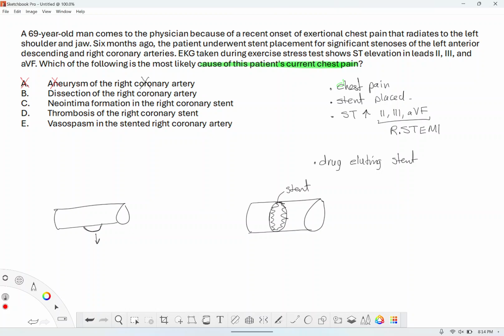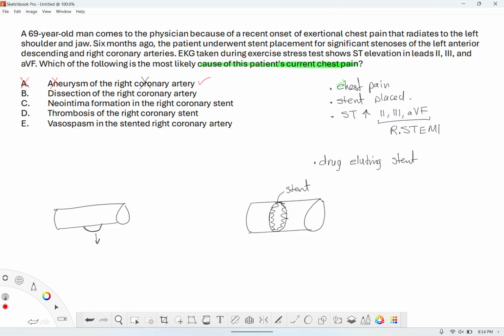It's possible, very unlikely. Dissection of the right coronary artery. Again, during the procedure, the aneurysm would be a few days, a month after the procedure. Once the vessel wall is weak, and then with high pressure it expands and becomes dilated, and that's aneurysm. Dissection is rupture of either aneurysm or anything else. In this case, they're telling you dissection of the right coronary artery.